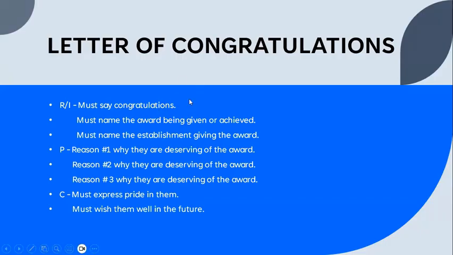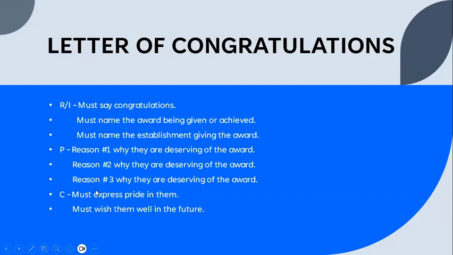Take it down. So you have the content, the body is word. You have to have at least six content points. So in this content here, you have 1, 2, 3, 4, 5, 6, 7. So congratulations, the award, the establishment, that's already 3. Reason 1, 2, 3, that's already 6.